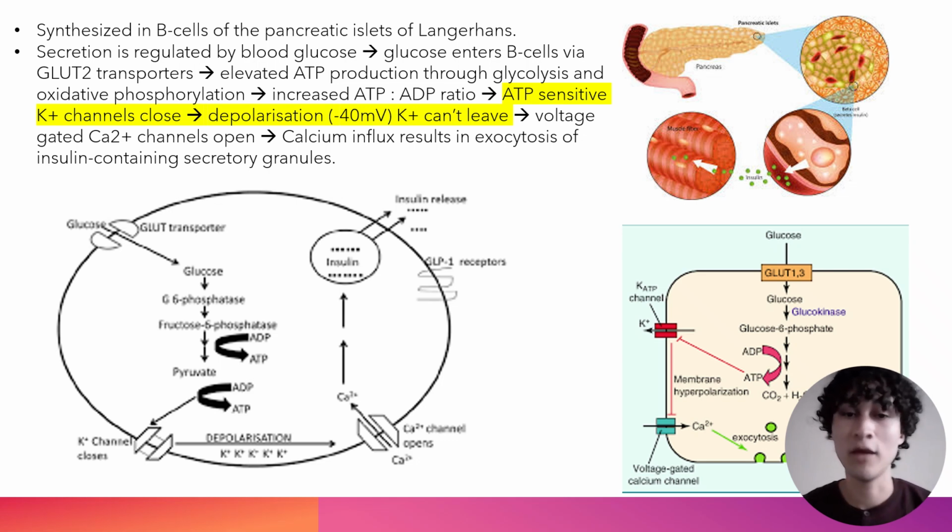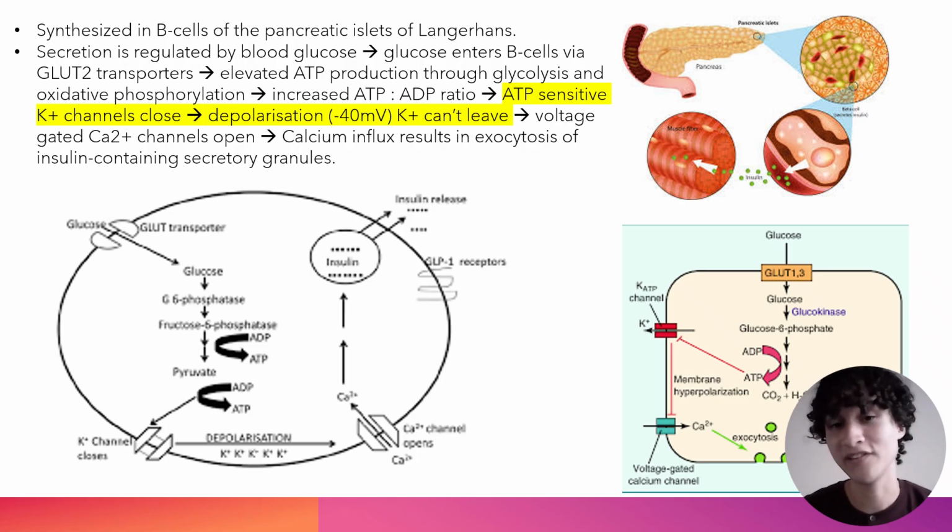Now, another type of protein channel these beta pancreatic cells have in their lipid membranes is ATP-sensitive potassium channels, and that usually allows for the flow of potassium out from the intracellular space into the extracellular space. Okay, and you have a polarized membrane. There's more potassium outside the cell than inside the cell, because these channels are open.